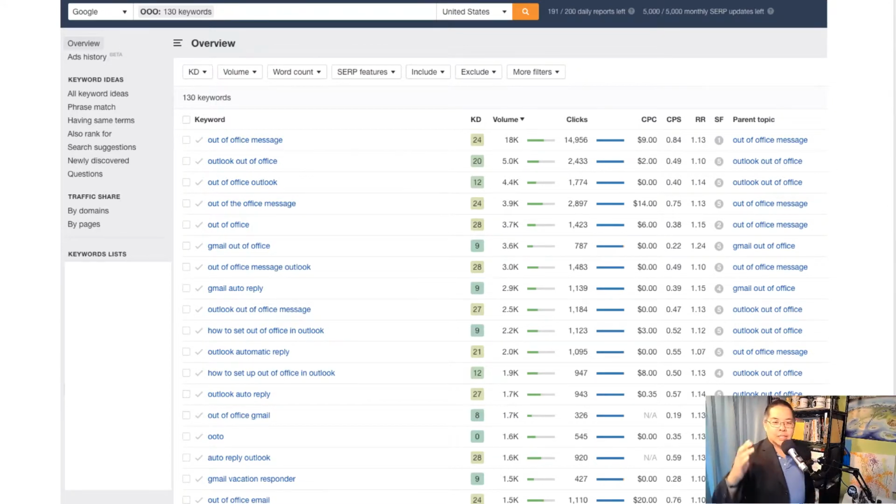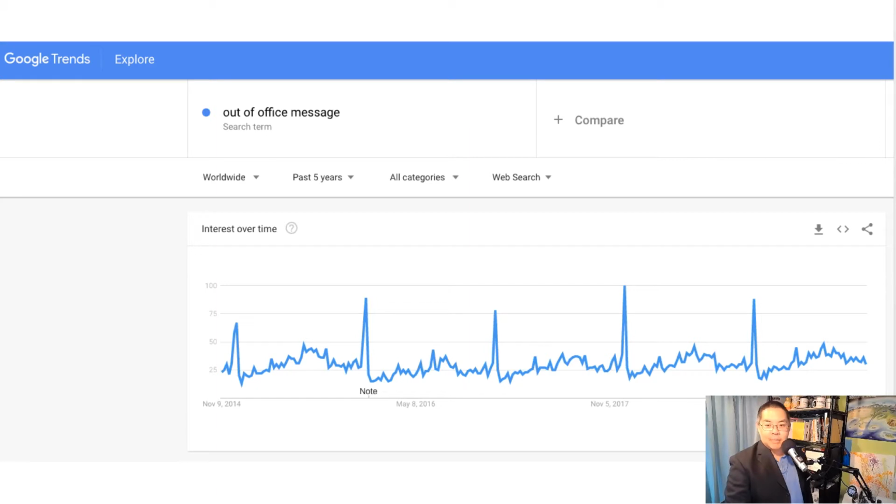So if we could understand all the different ways people could ask Google that question, and then take the data from these hundreds of variations, that would be a robust data set to understand when people are going to ask these things, when people are looking for these things. And if you look here at this 5-year back data from Google Trends, you can see there's very clear seasonality about when people are not going to be in the office.